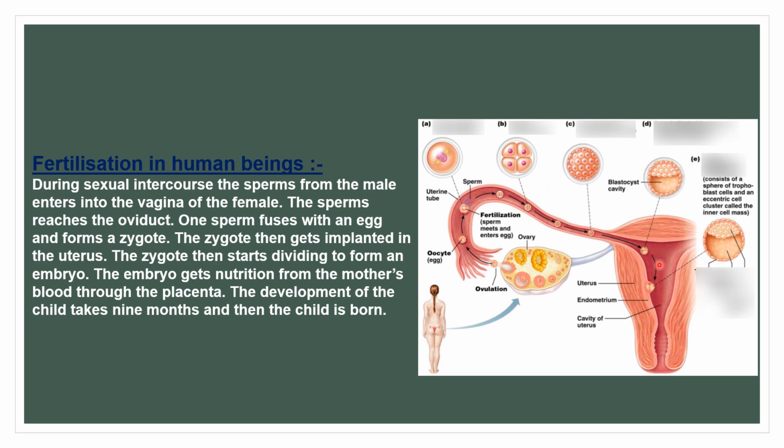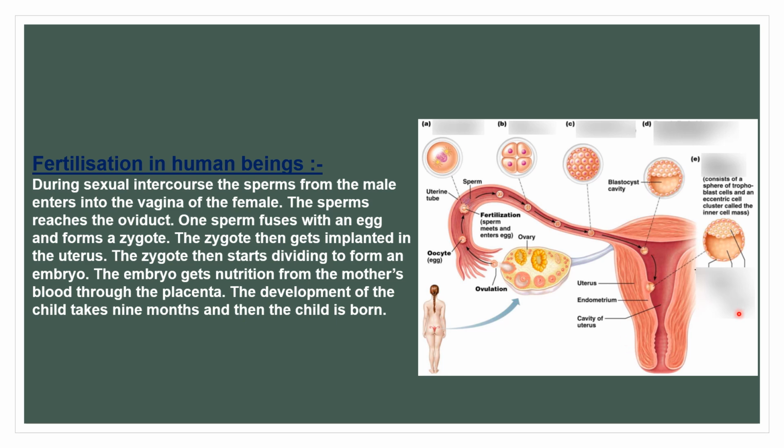Through repeated cell division, it forms an embryo. This embryo gets nutrition from the mother's blood through a structure called the placenta. Through the placenta, it is provided nutrition.